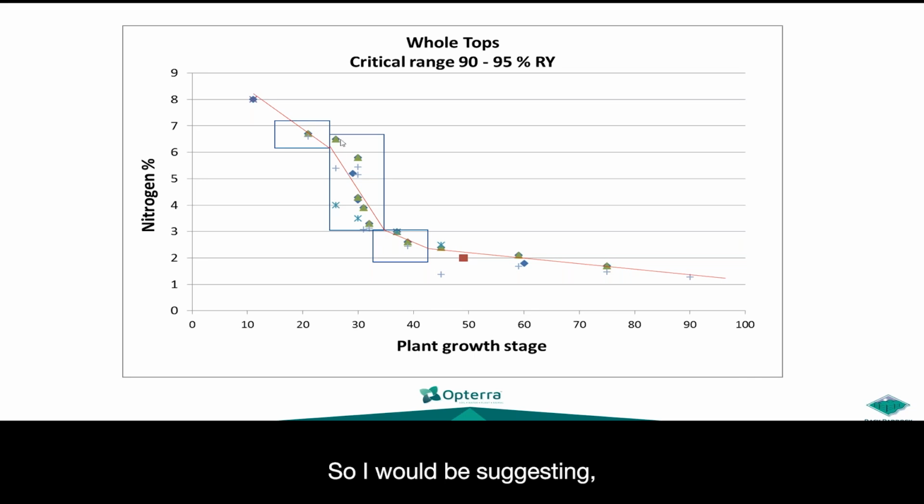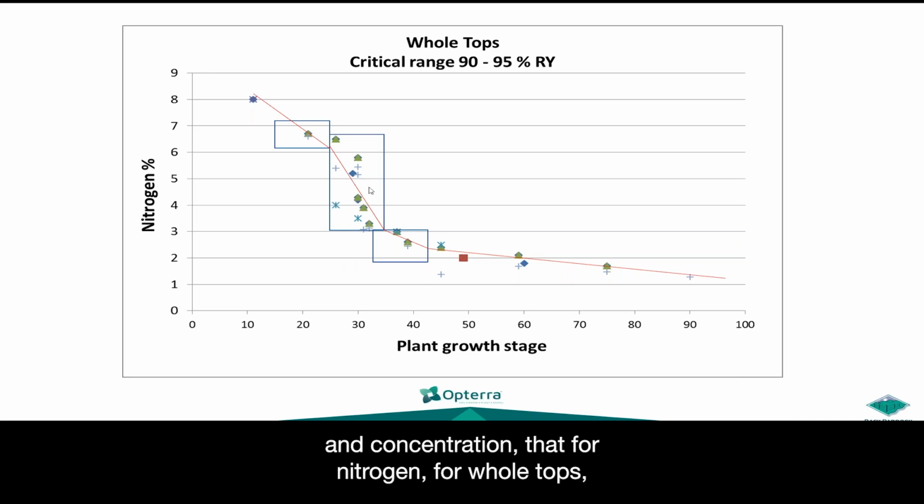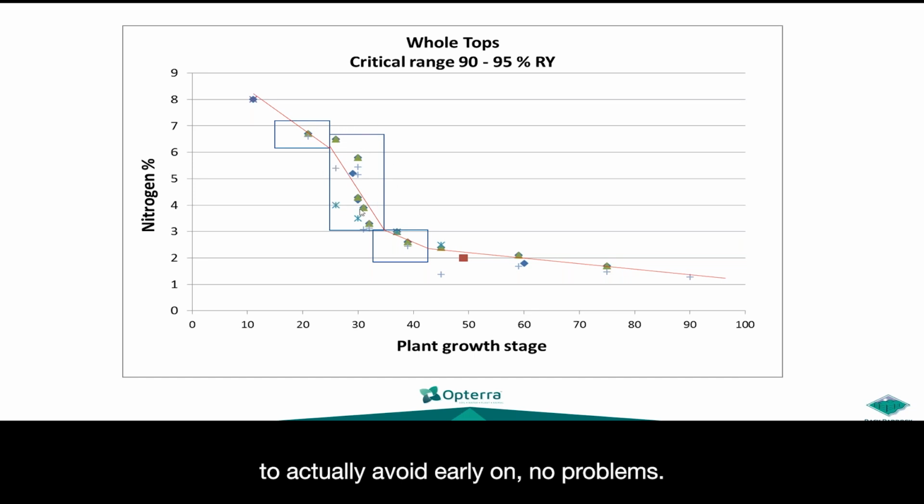So I would be suggesting, unless you also have a plant weight, in other words you're using a system with a nutrient index that uses both plant weight and concentration, that for nitrogen for whole tops, this is probably an area to avoid.